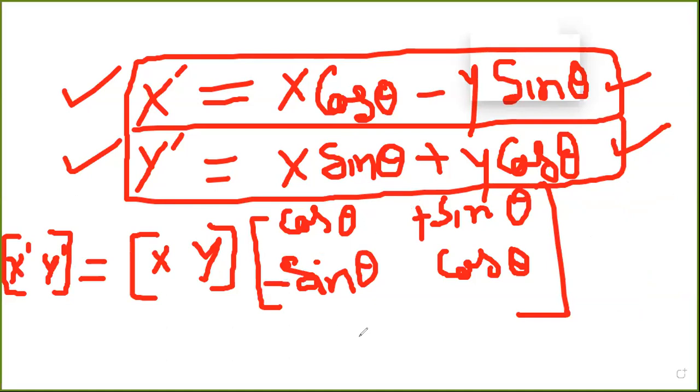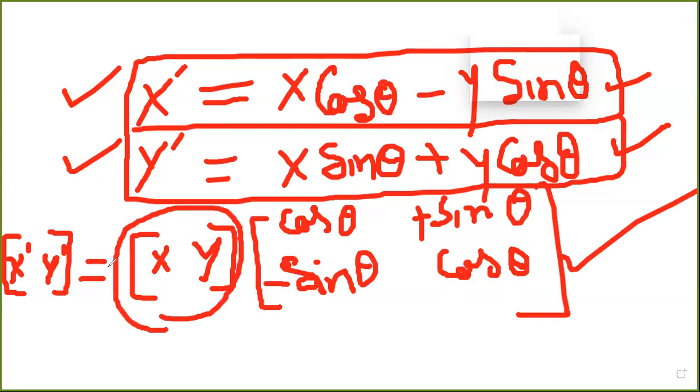Okay, so in some channels, if you are searching on Google, you will see that in anti-clockwise direction you are taking the rotation matrix this way. Okay, so in that case, of course, because you have changed the xy formation, you are taking one row, not one column.